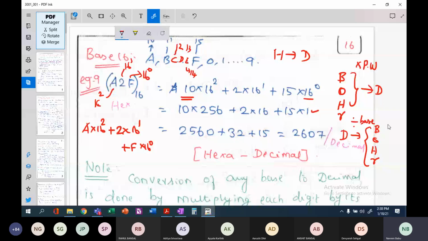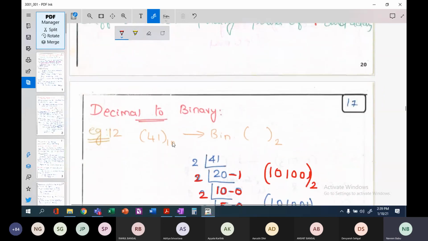You divide it with the base number of the required conversion. Say for example, you want decimal to hexa. The hexa's base is 16, so you have to divide this decimal number by 16. If you want to convert to a base of 5, then you have to divide this decimal number by 5. So that is how this conversion works.